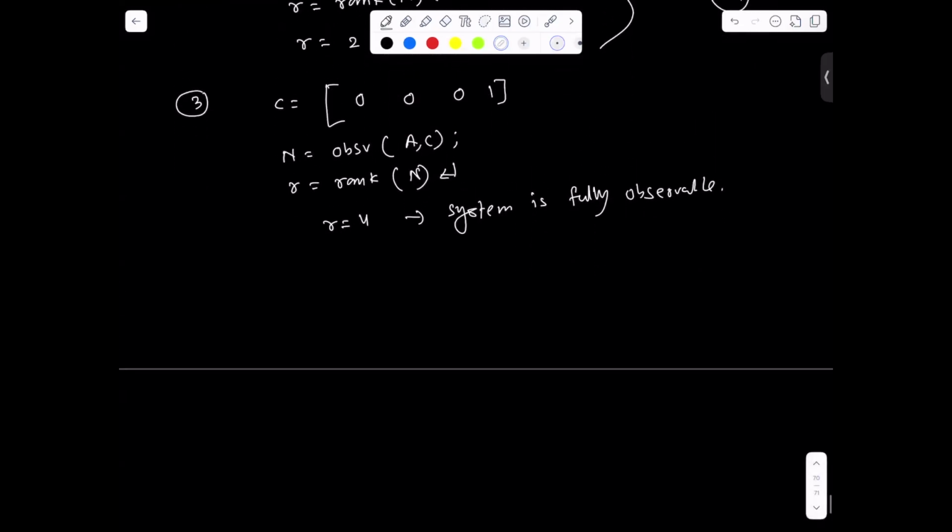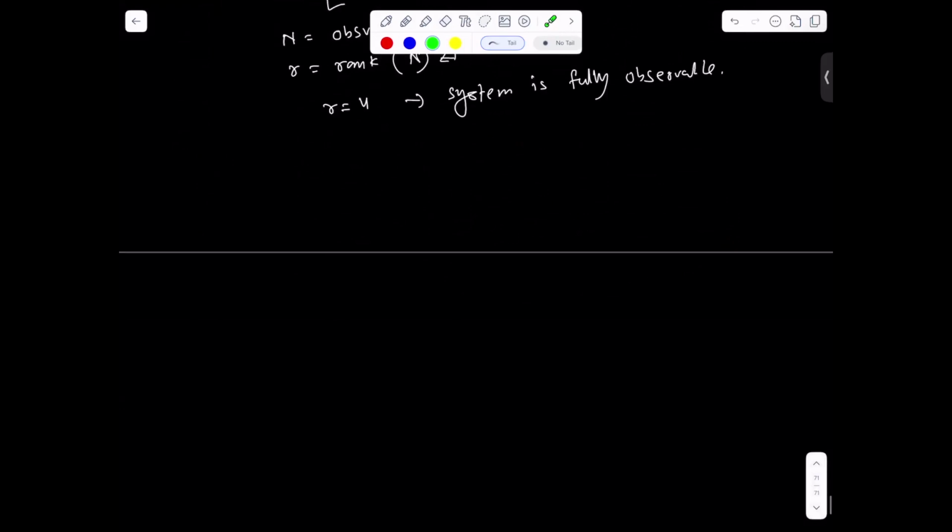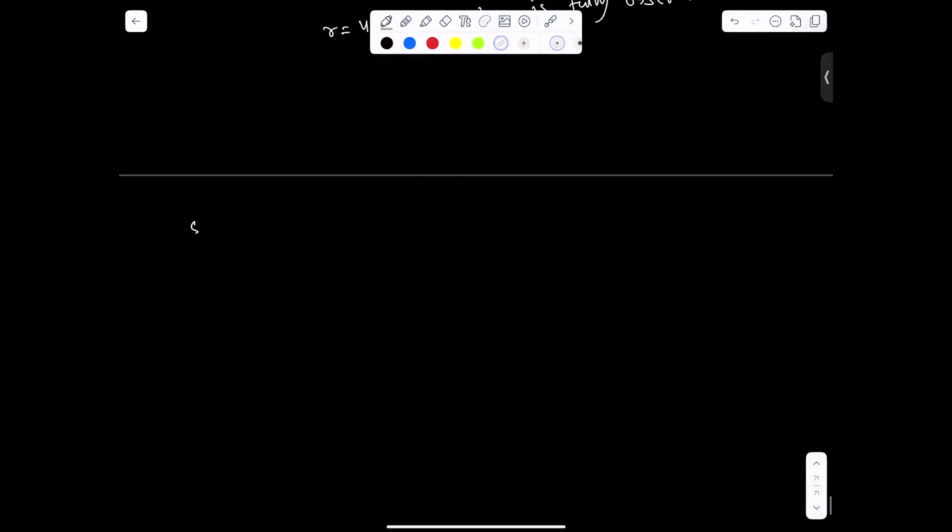So here, since this condition is observable, let's take the question number 4 C matrix like this, because anyway this is observable for C equal to 0, 0, 0, 1, right?